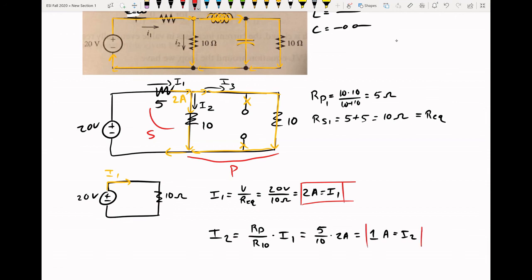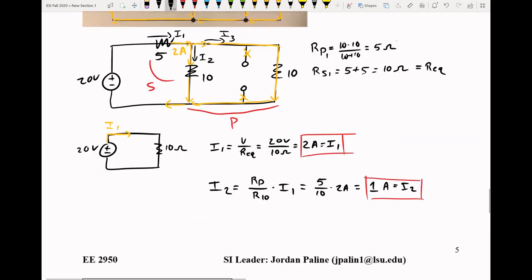Then we can do KCL to check it. I1 goes in this way, I2 and I3 go that way. So I1 is equal to I2 plus I3. Therefore, I3 is equal to I1 minus I2, which gives us 1 amp.